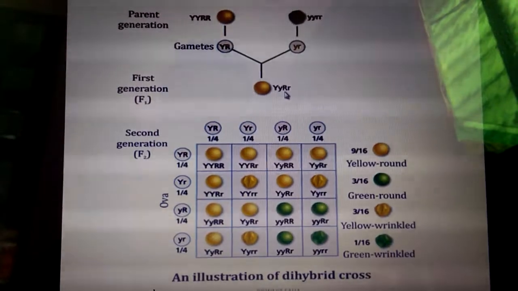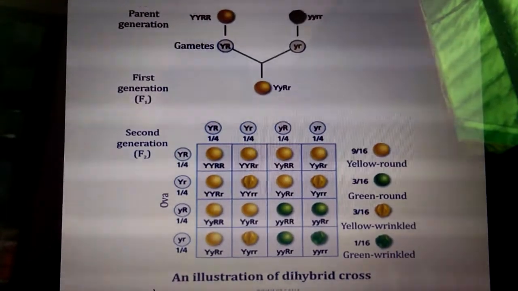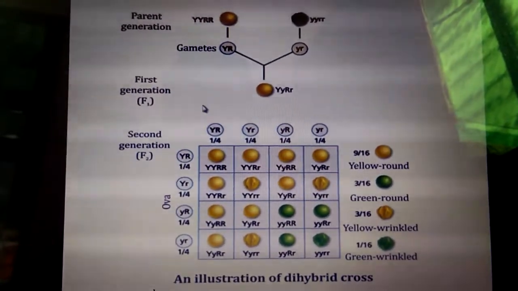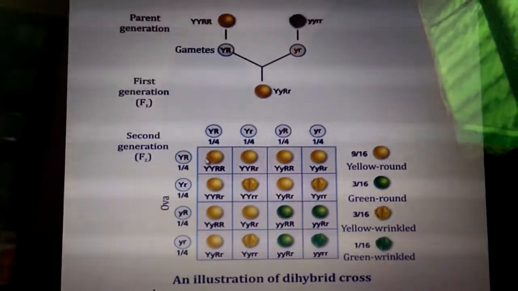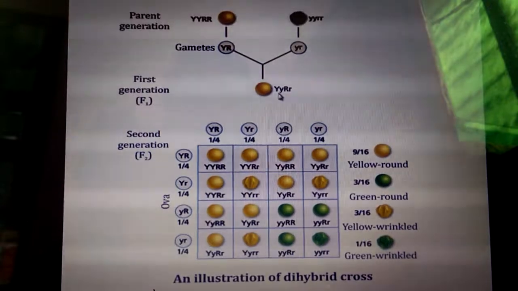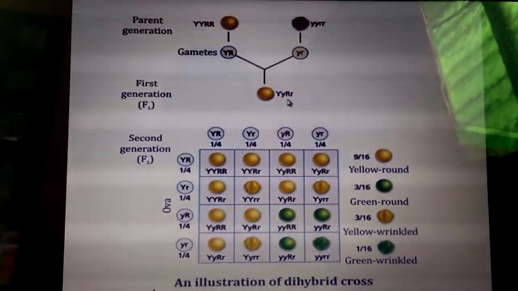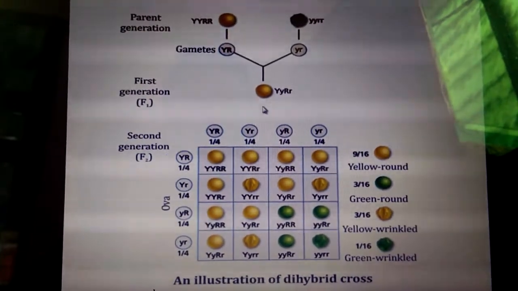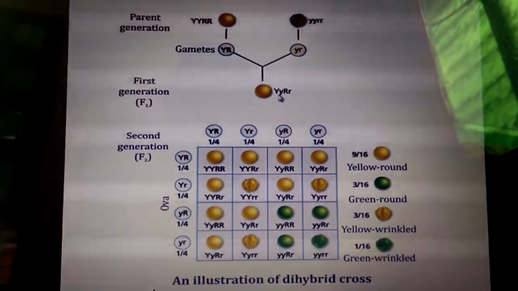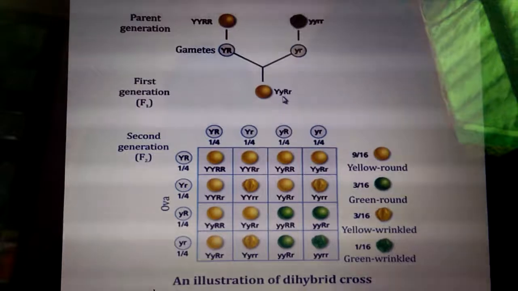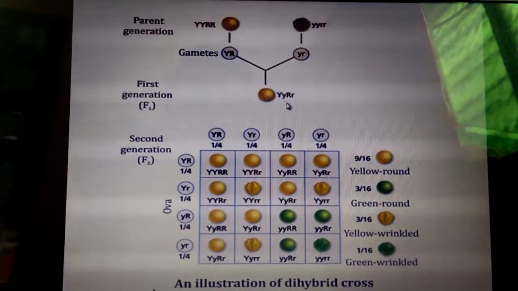In this dihybrid cross, if we self-pollinate these F1 generation plants, they result in offspring. This first filial generation plant can produce four different gametes: capital Y capital R, capital Y small r, small y capital R, and small y small r.